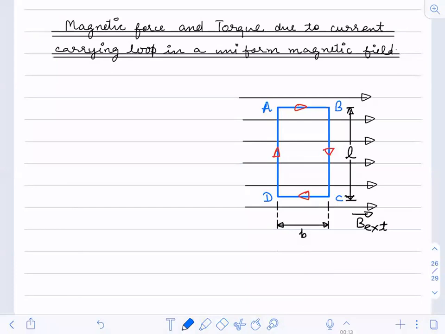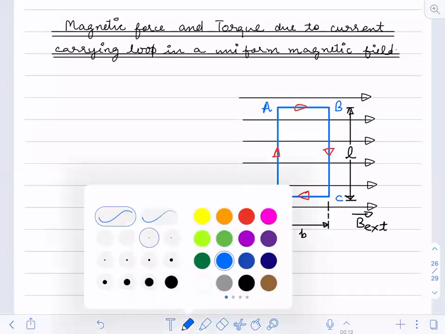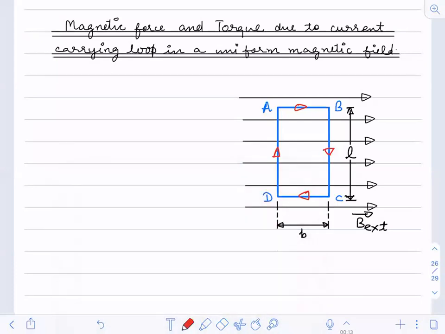ABCD is the loop, and in red color I have shown you the current direction. So current flows in a clockwise direction.